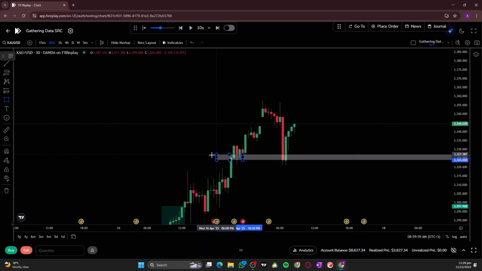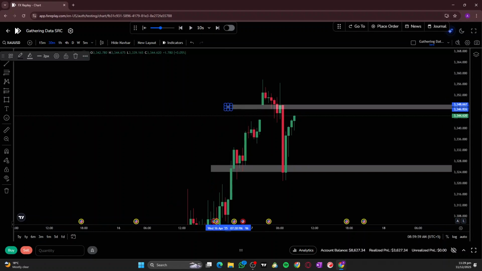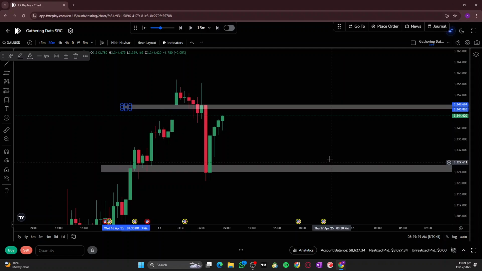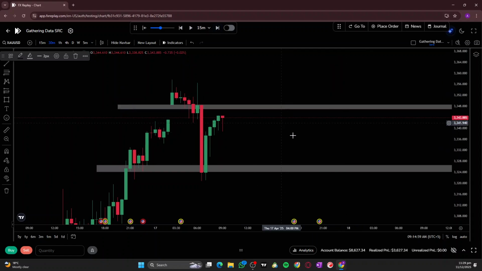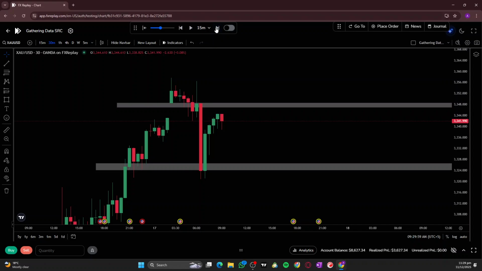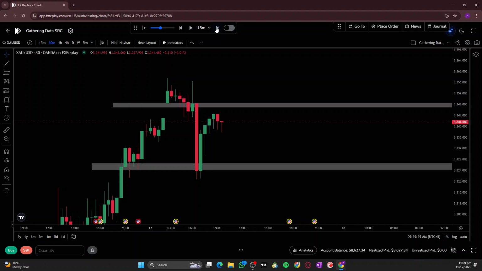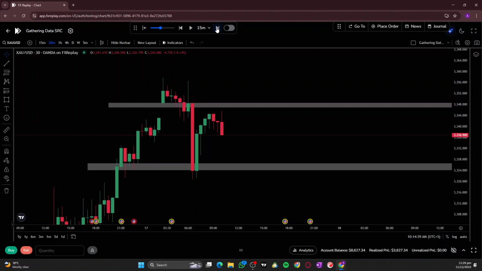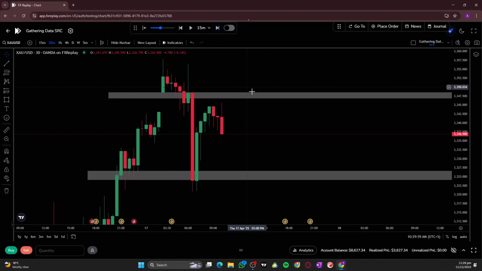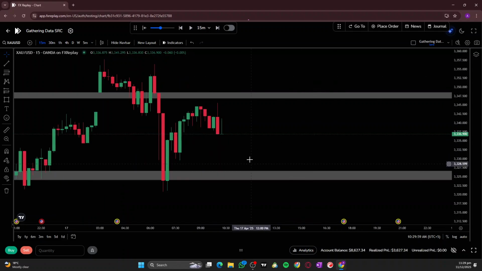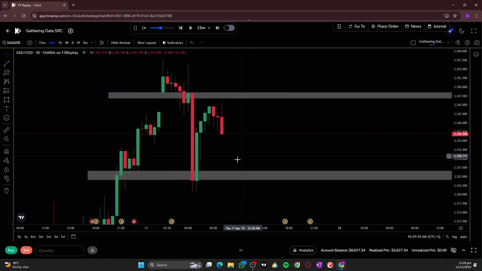This is a support over here. There's some resistances over here. At this point, I'm just looking for some things. Let's just see. Can't do anything right now.